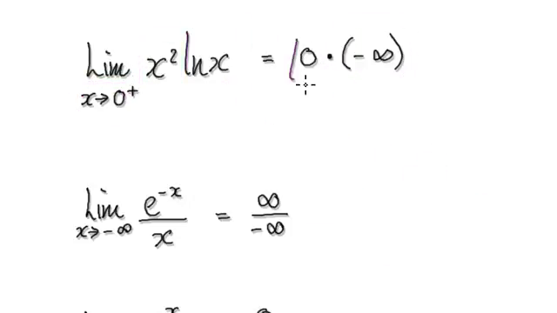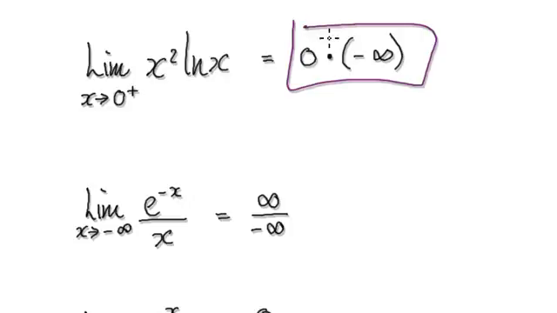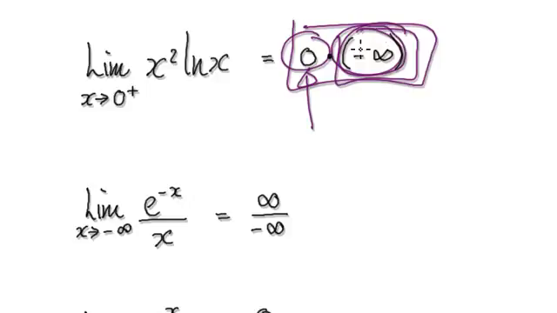So here you've got a case of 0 multiplying with an infinity. This is another example of an indeterminate form. When you have 0 times infinity, even though it's a negative infinity, it is an indeterminate form.